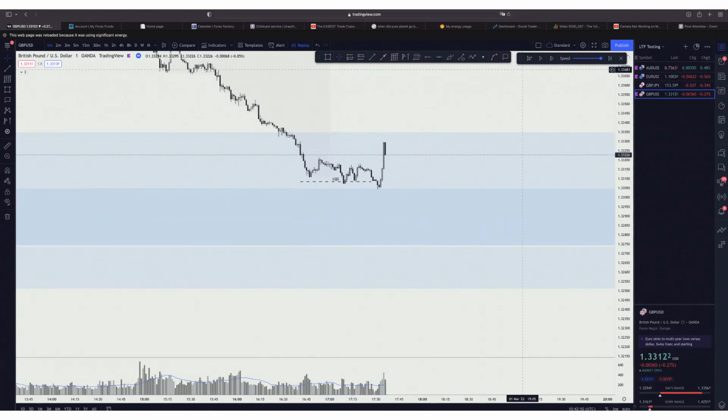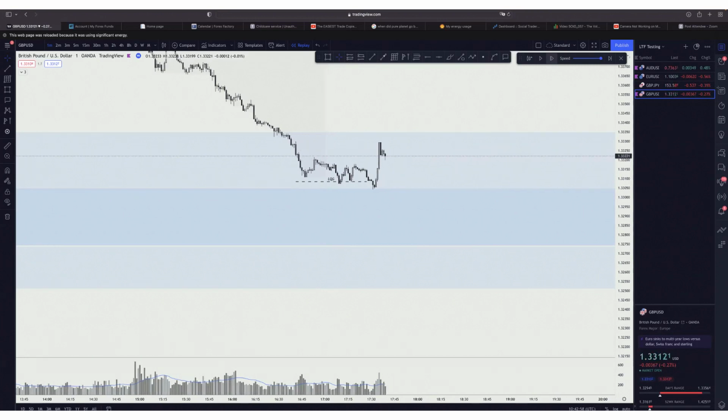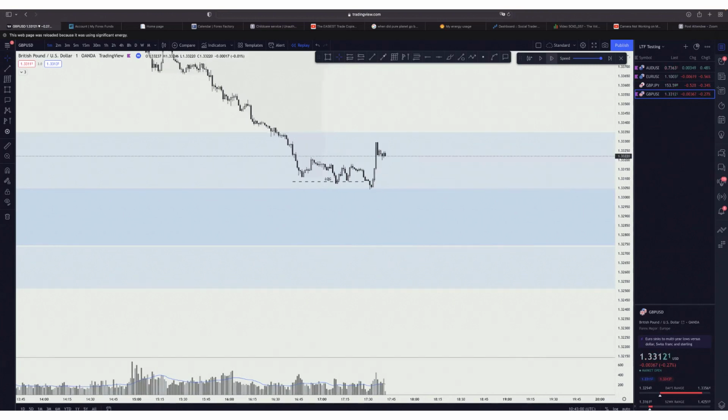Just a small candle, but I would say this is a very small accumulation. So like that. So we've got a very small buy to sell here, which was broken.